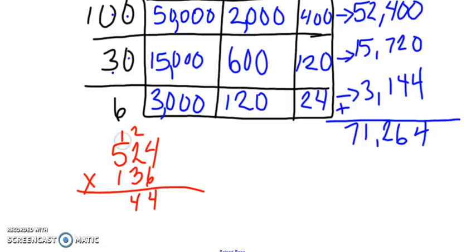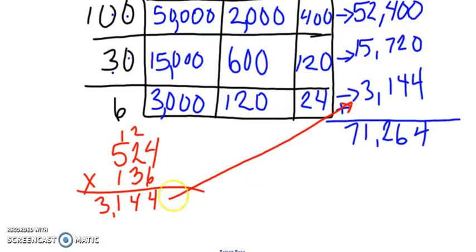I bring up my 1. And then I go to my hundreds place. So 6 times 5 is 30, plus that 1 is going to be 31. And now I can see where this 3,144 ties in to what I did with my partial products.